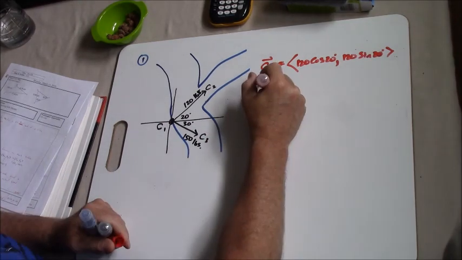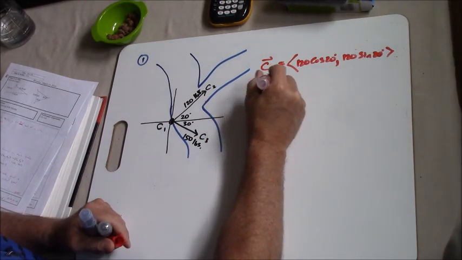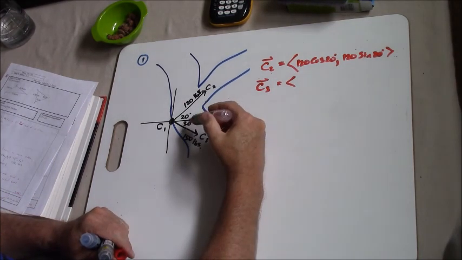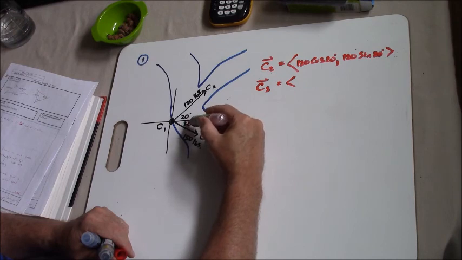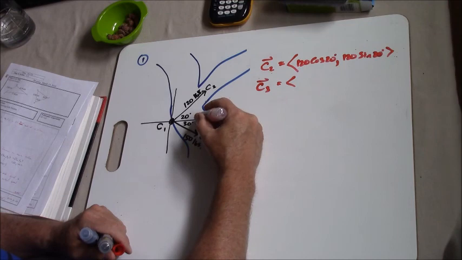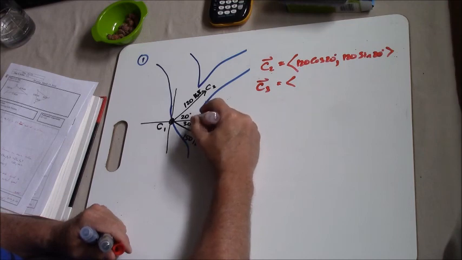All right, for car number 3, that vector, because this angle is going in the negative direction, I have to call that a negative 30 degrees. Even though it doesn't say that in my picture, the way we measure angles from the positive x-axis, that would be a negative 30 degrees.